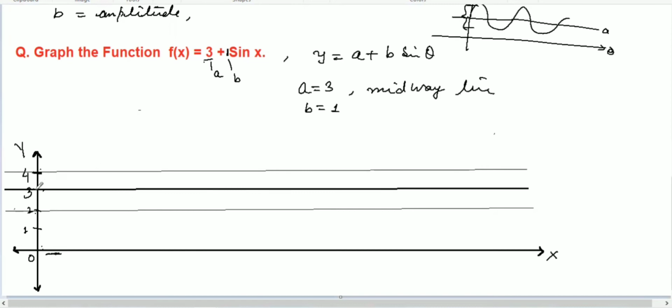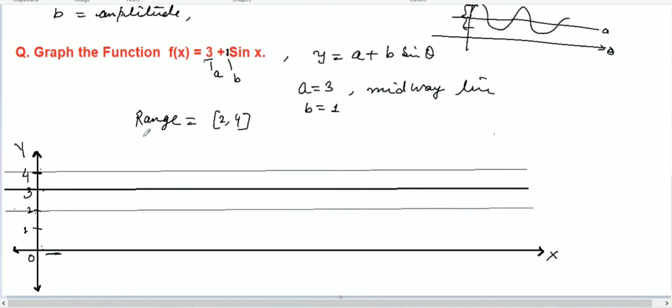As this is the midway line and in front of sine x there is 1, the graph will go 1 above and 1 below. So what does that mean? The range of the graph will now become 2 to 4.